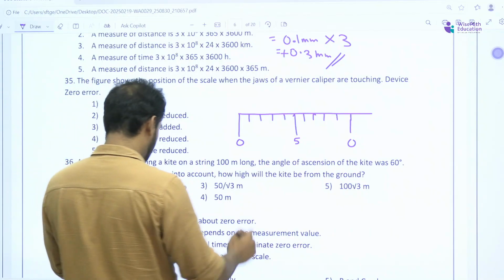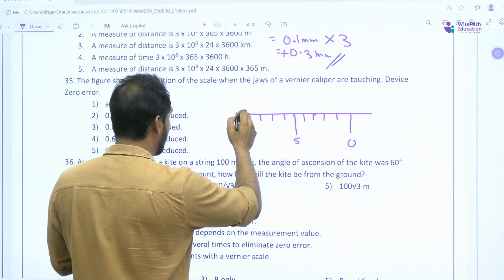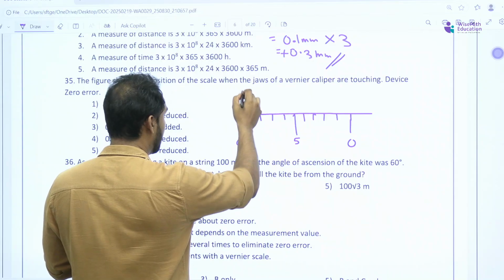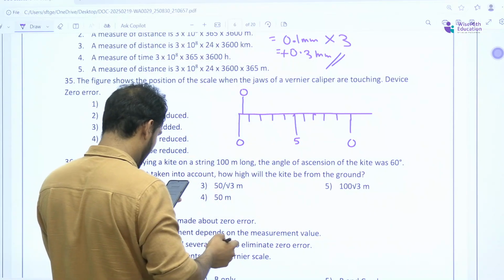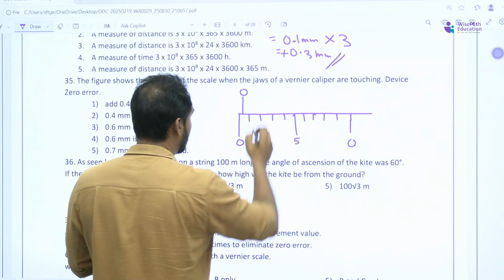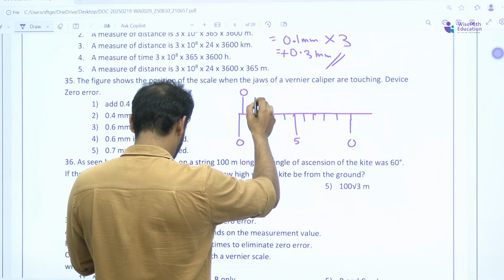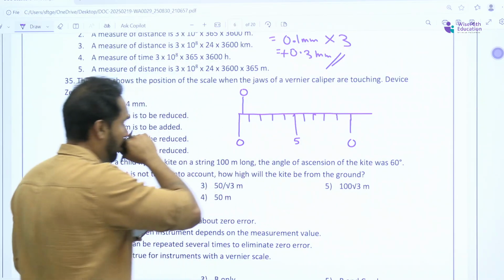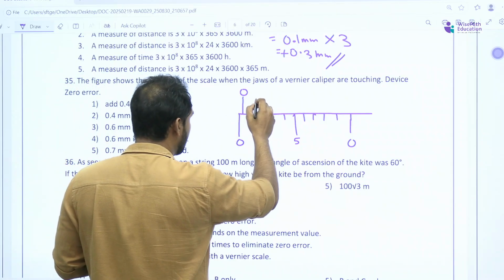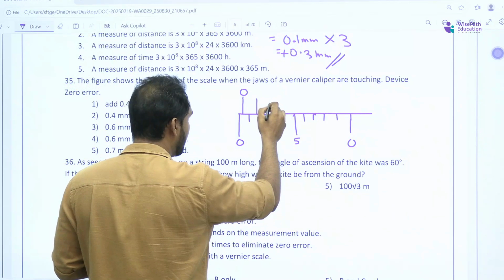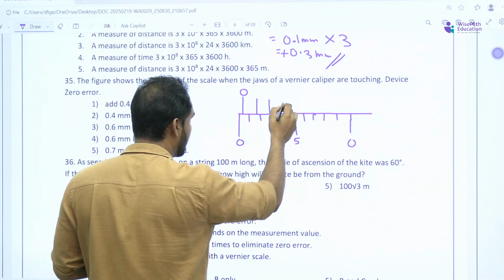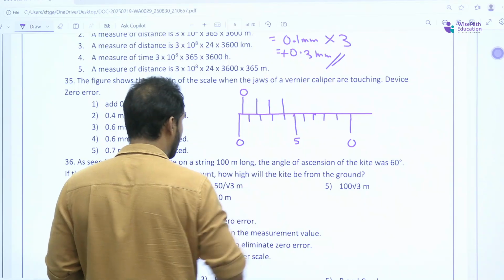And the main scale is allocated here, 0. Yeah, so 1, 2, 3.